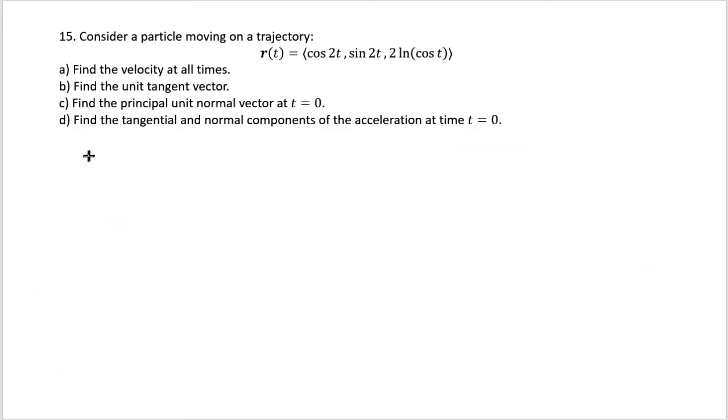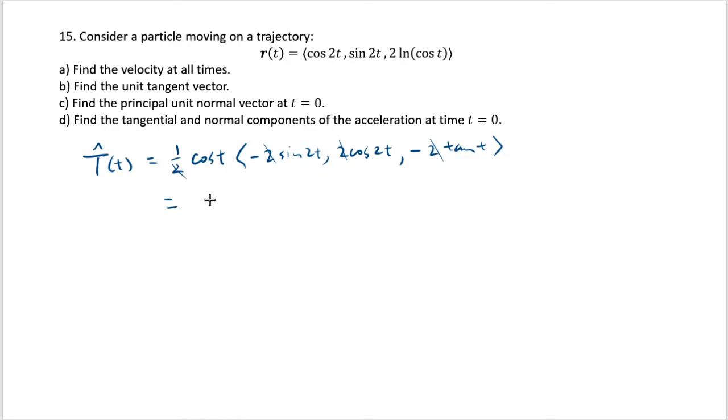So what are we doing again? The tangent vector near 0 would be 1/2 cosine t times negative 2 sine 2t, 2 cosine 2t, and negative 2 tangent t. Now the 1/2 can cancel the 2's.